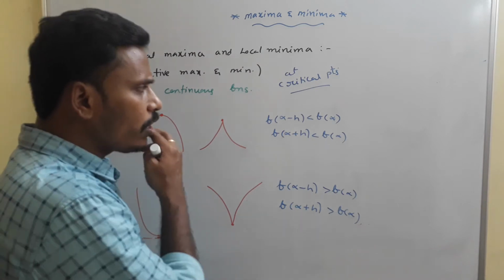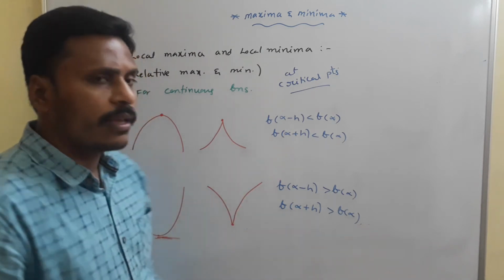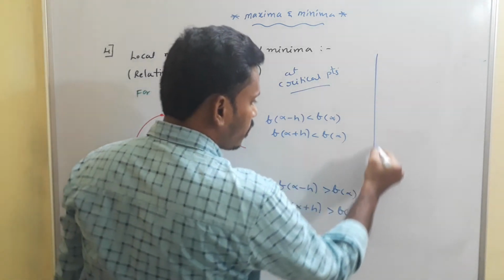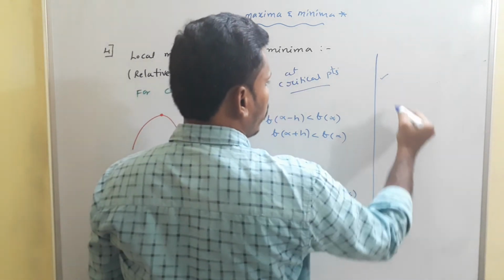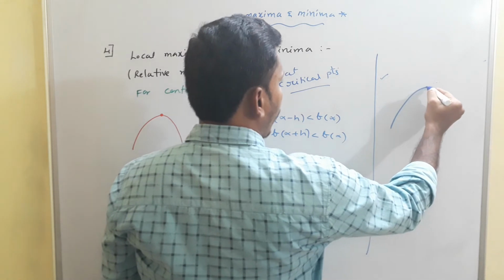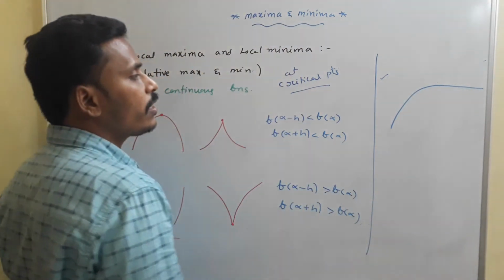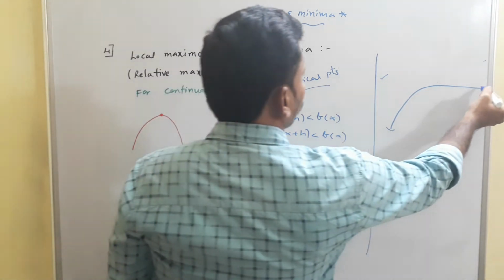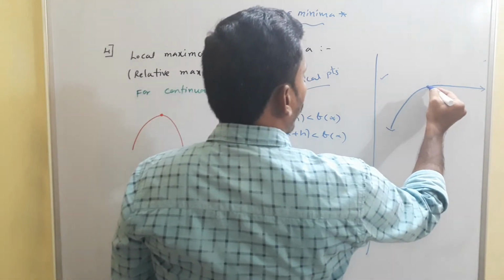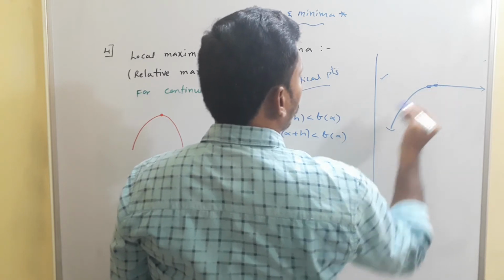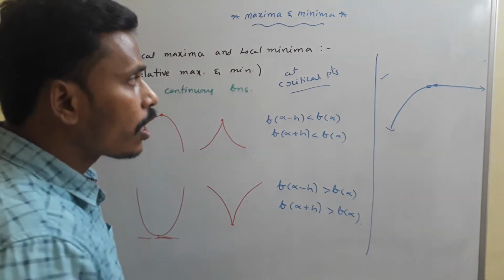Not only these possibilities, there are some other graphs. Suppose I have a graph of a function like this, just one possibility, and after this particular point the graph is almost constant. Somewhere after this particular point the graph is always constant.